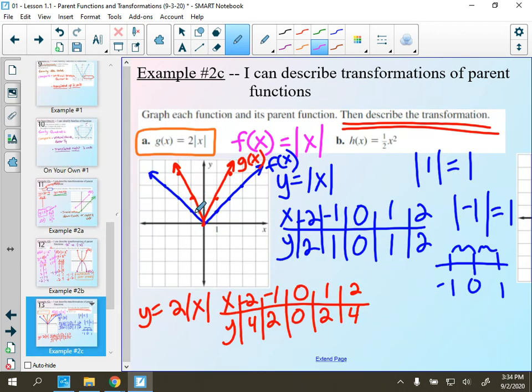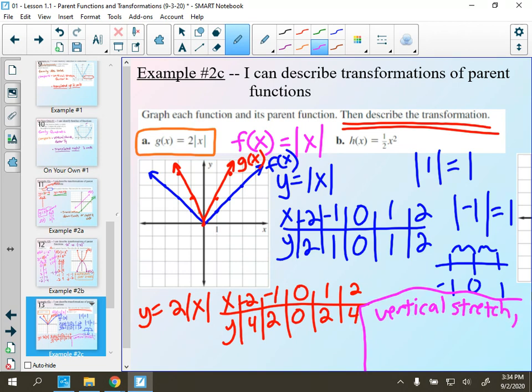But it did get taller and skinnier. It got stretched out. This number that was greater than 1, the 2, caused a vertical stretch by a factor of 2.